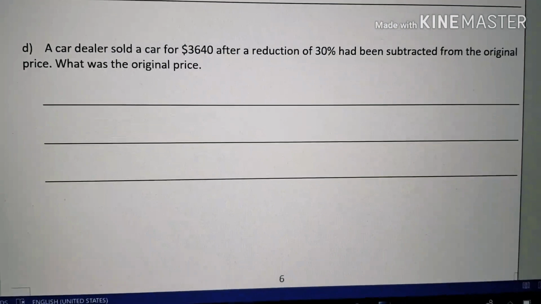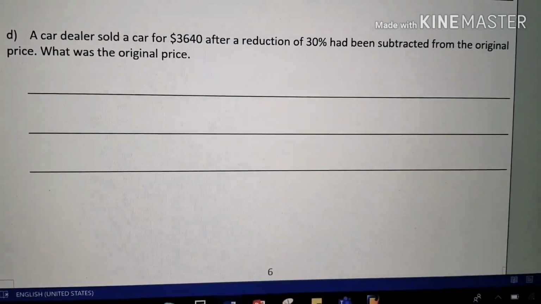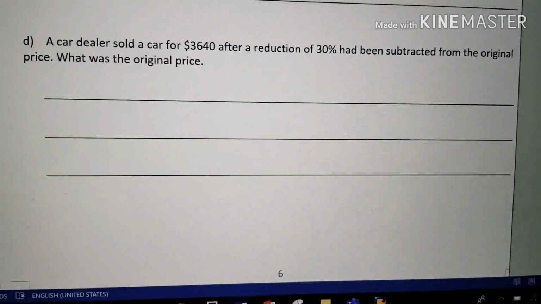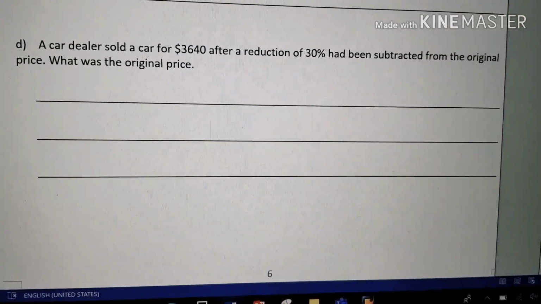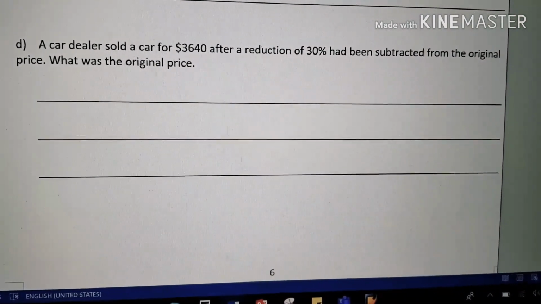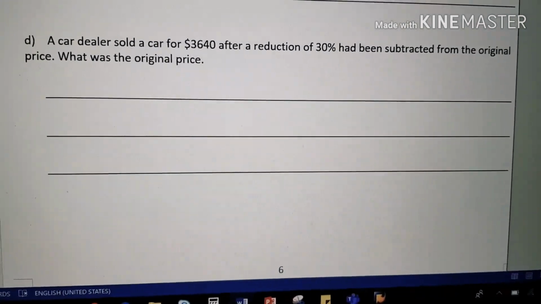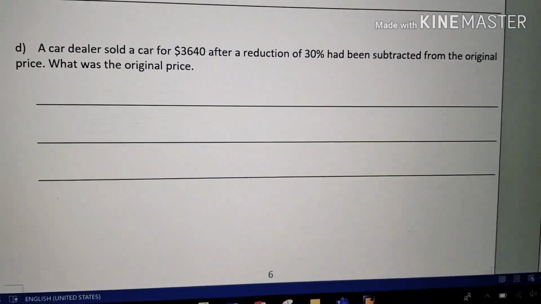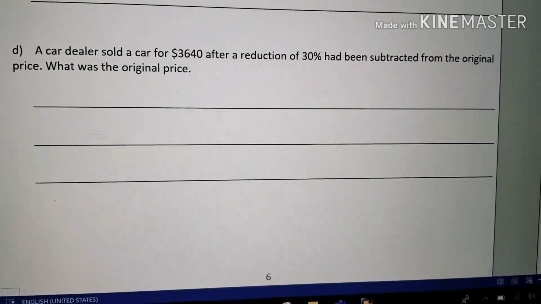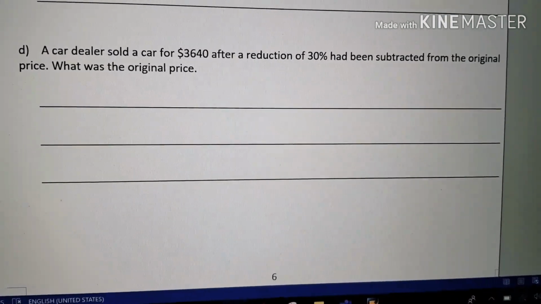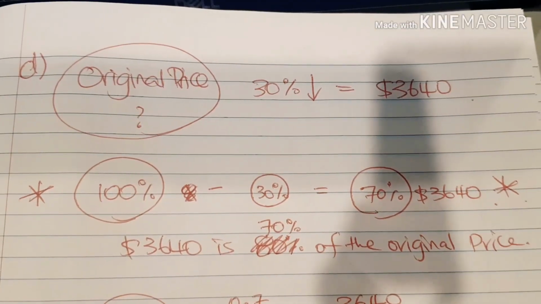Right, this question is working backwards, finding the original price. So a car dealer sold a car for $3,640 after a reduction of 30%. Okay, right, it's asking you to find the original price. How would you do this?